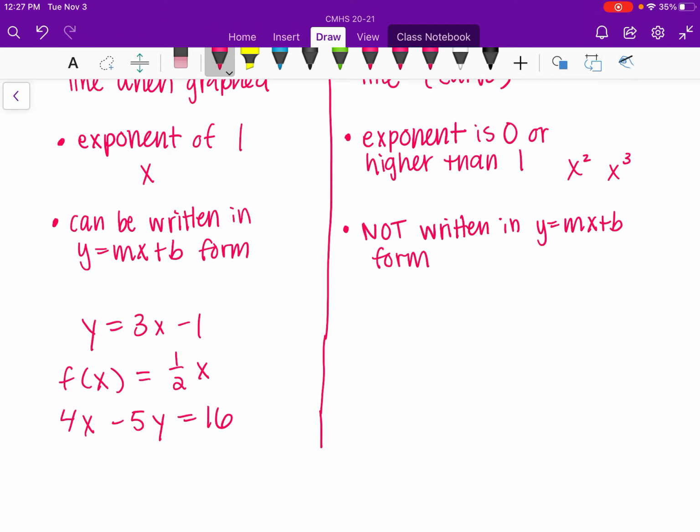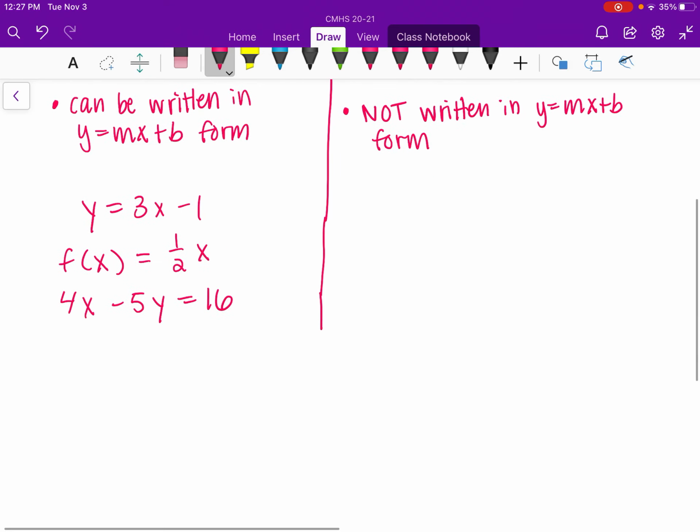The second one, there's no b, so you could say plus 0. But the exponent here is 1. There is no exponent. So that one is perfect as well. And the bottom one, even though it doesn't look like y equals mx plus b, it can easily be moved around so that it does. So those are all linear functions. When they're graphed, they form a straight line.